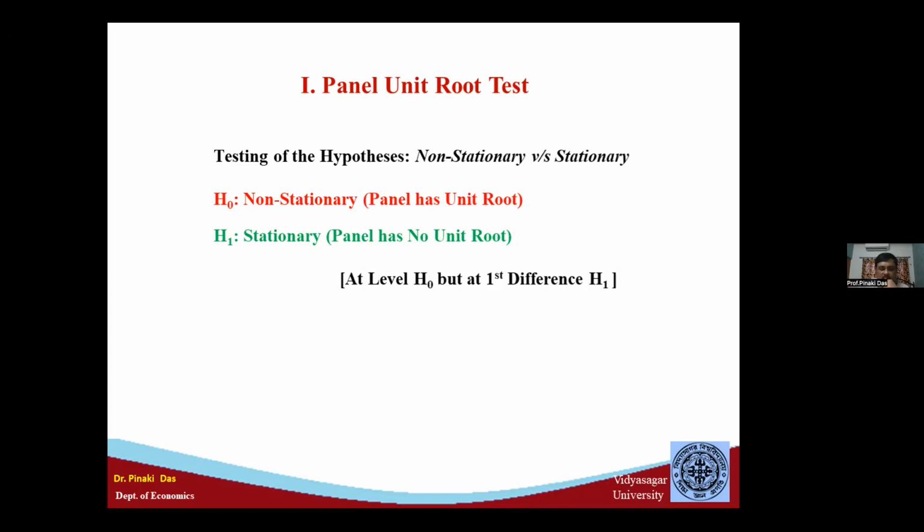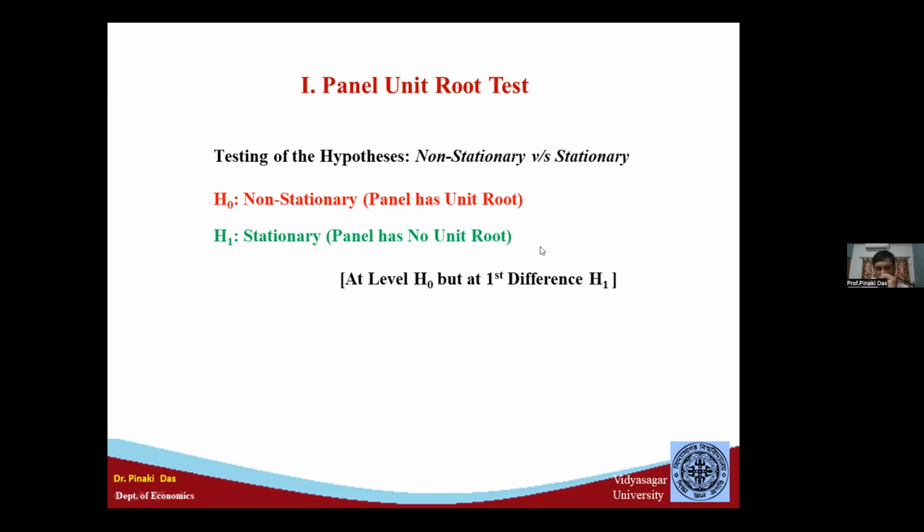If the shapes of these two periods are the same, then we can say that the variable follows stationarity, and the panel data has no unit root. Similarly, if you consider only time series data, it is a similar argument. Under the null hypothesis, the time series has a unit root, and under the alternative hypothesis, it has no unit root.